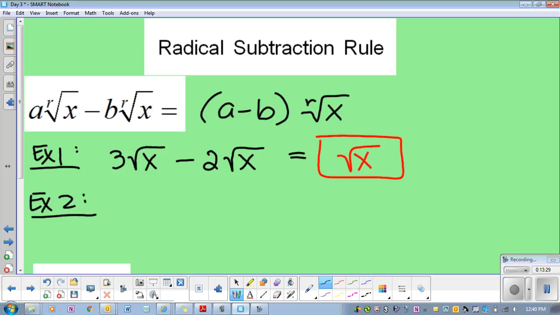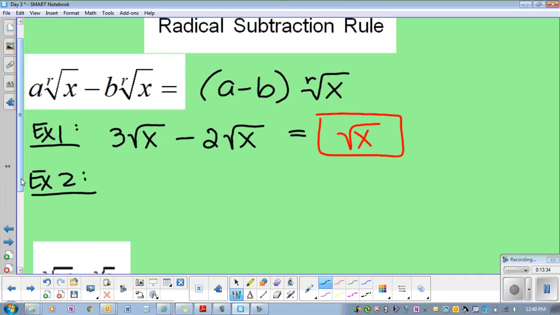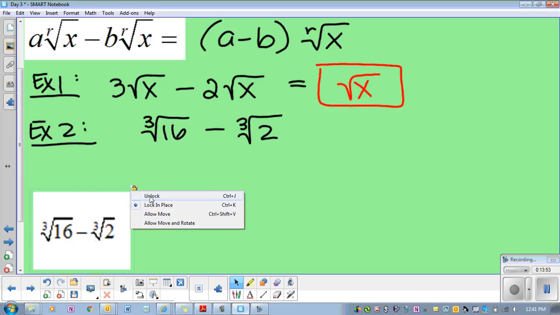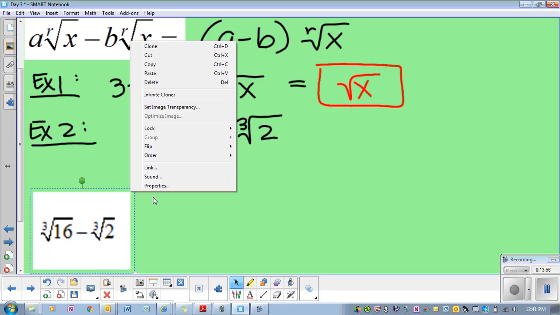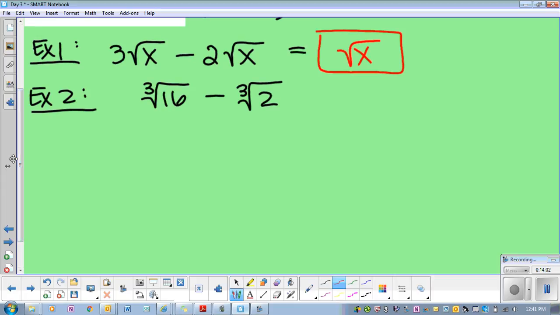All right, example 2. Cube root of 16 minus the cube root of 2. Because cube root of 16 is 2, 2, 2, 2.